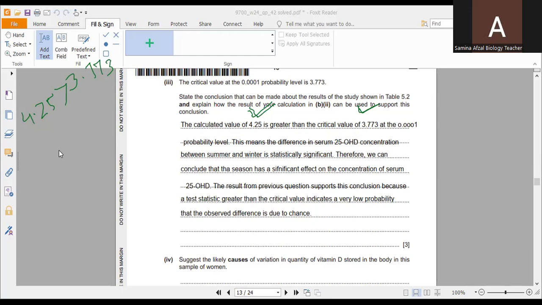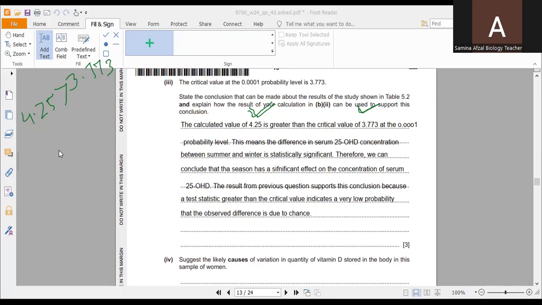Therefore, we can conclude that season has a significant effect on the concentration of serum 25-OHD. The result from the previous question supports the conclusion, because a test statistic greater than the critical value indicates a very low probability that the observed difference is due to chance.